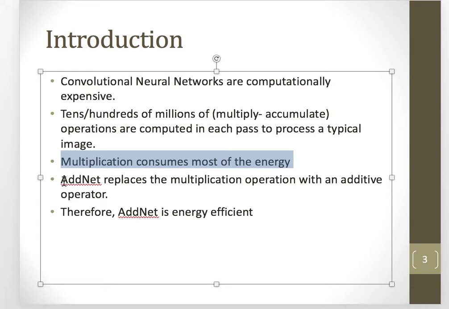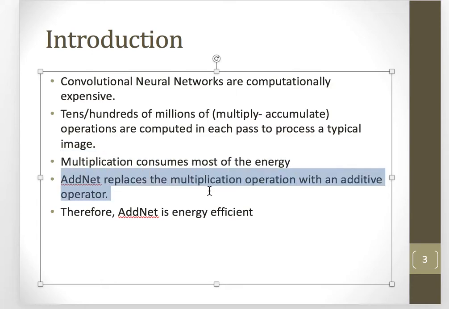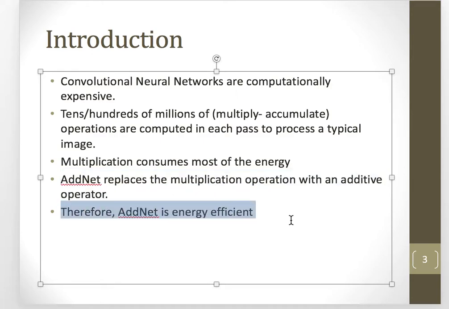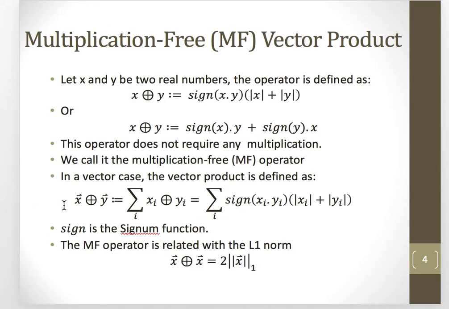So we have this operator which replaces the multiplication operation with an additive operator, and we use it to define a vector product which is related with the L1 norm, and as a result the neural networks that we get are energy efficient neural networks.